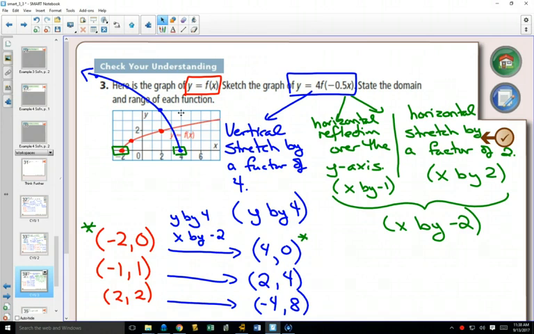Another thing that I do as a mental check at the end: I wrote out all of the descriptions. You only have to write that description out if it says, can you describe the transformations? So you don't have to write that out every time. But in your head, you should think, do I have a vertical stretch by 4? So if I pulled it away, does this one seem to go up more than the one that I had?